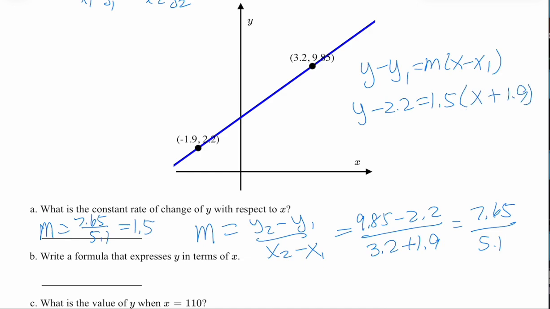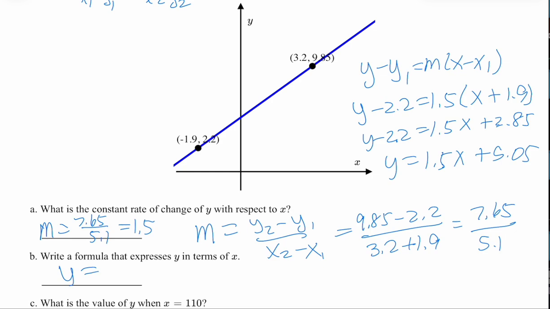If we distribute the 1.5 with the 1.9, we would get 1.5x and then 2.85. And then add 2.2 to both sides. So we get y equals 1.5x plus 5.05. So that's what they were looking like there.